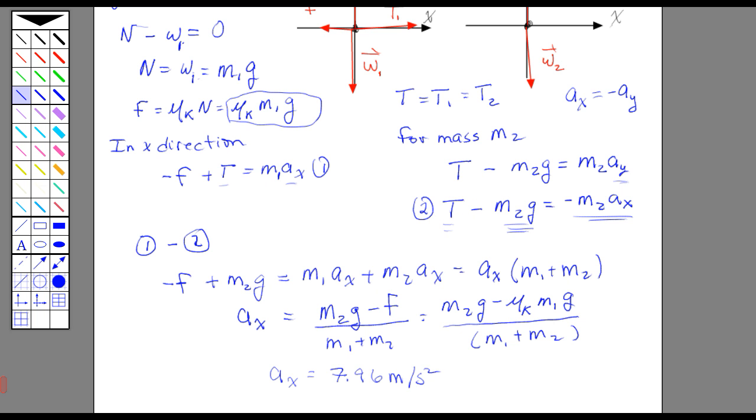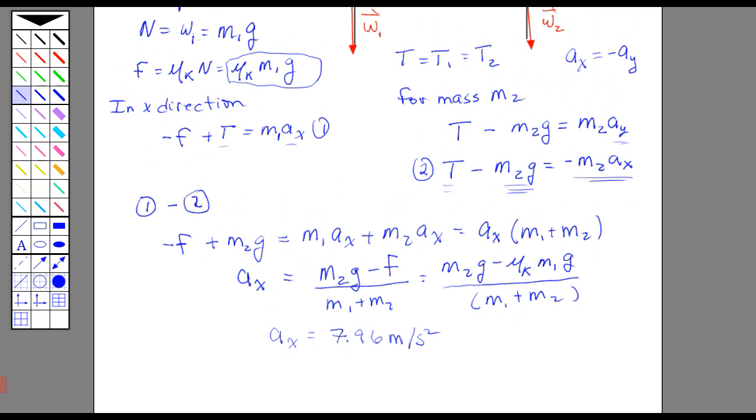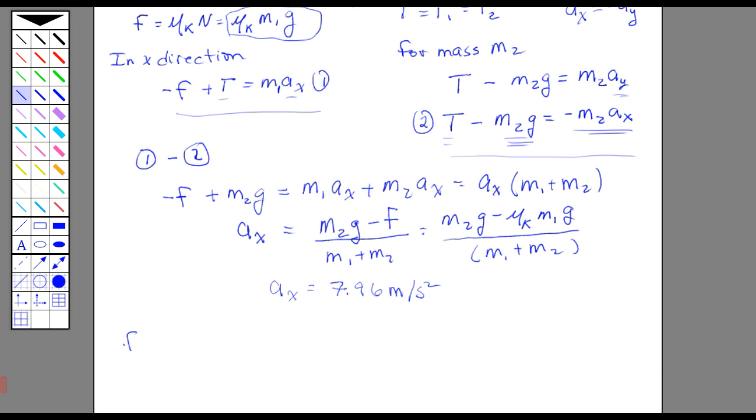So that is our x acceleration, and since we know the x acceleration, we can solve for T. We can use either equation 1 or equation 2. Let's use equation 2. From 2, we get the tension is equal to M2 g minus M2 a_x. M2 we know is 15 kilograms.